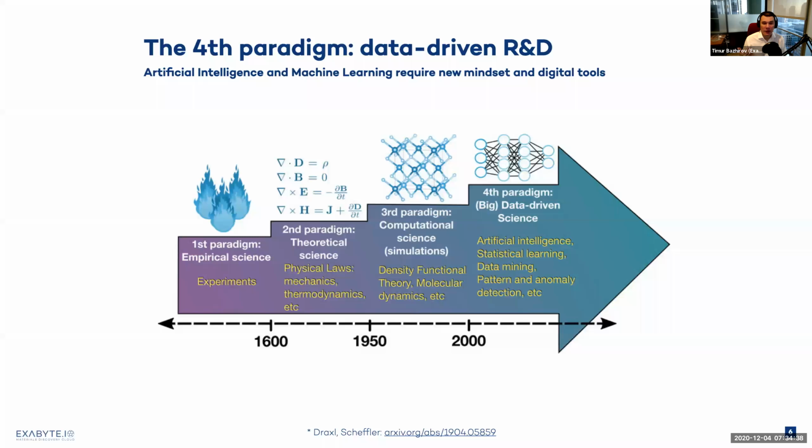And the landscape of R&D is now changing and adopting to the fourth paradigm, here the data-driven science, where we can use the results of each of these three, experimentation, theory, and computation, to be able to see the trends and data that they produce. And these trends help us understand and draw conclusions based solely on the data. And that's why this is a new paradigm, and that's why artificial intelligence in particular is the most powerful tool that is enabled by this new paradigm.